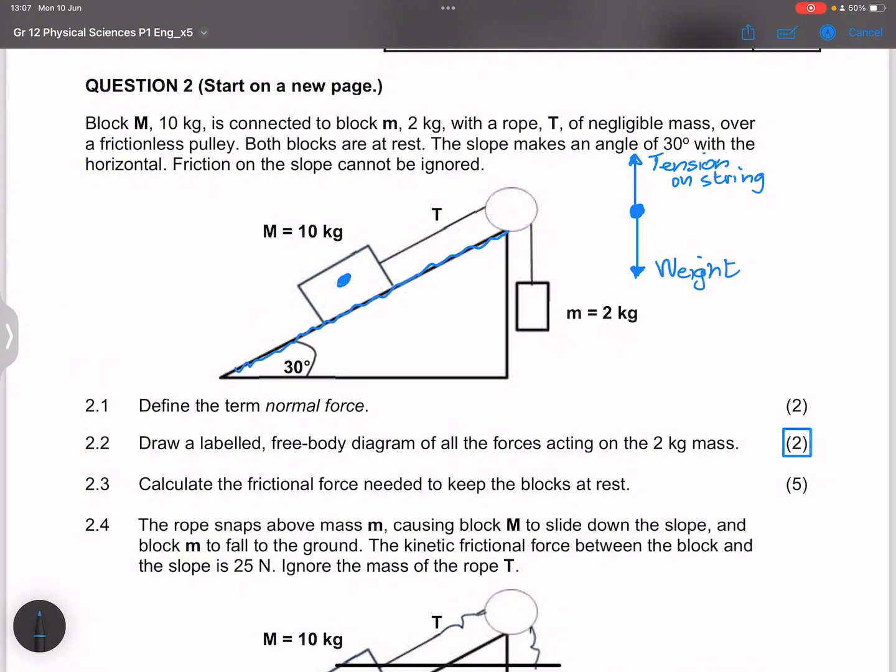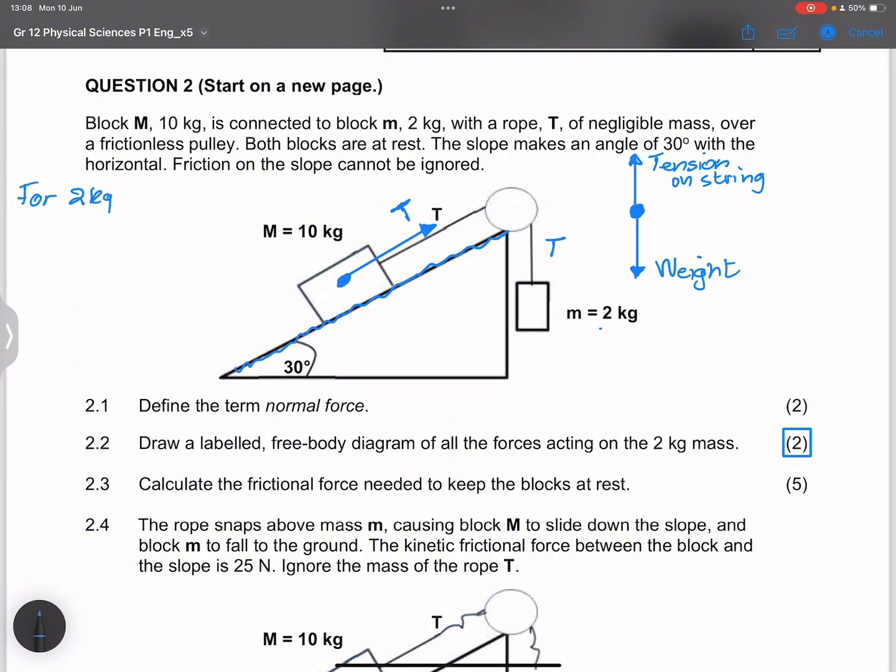It is being pulled by the tension on the string. And because we're dealing with the frictionless pulley, the tension on one side of the pulley should be equal to the tension on the other side. So we can determine that tension. What is that tension? We can use the 2 kilogram mass and say, well, the tension, so this is for 2 kilograms.